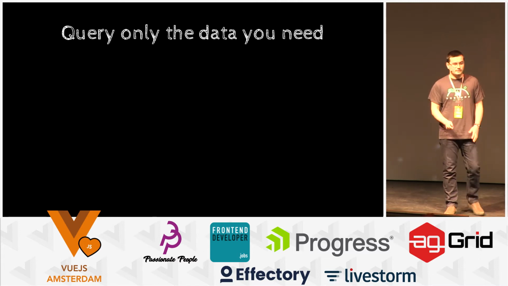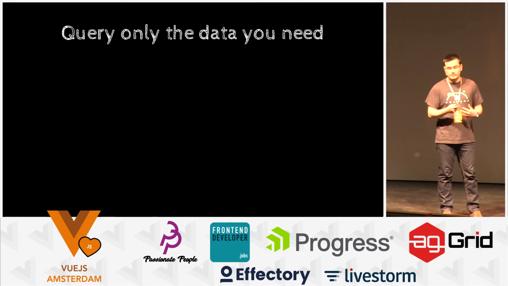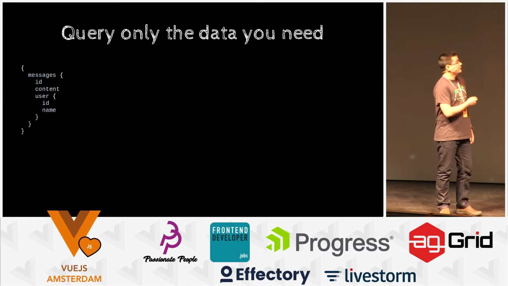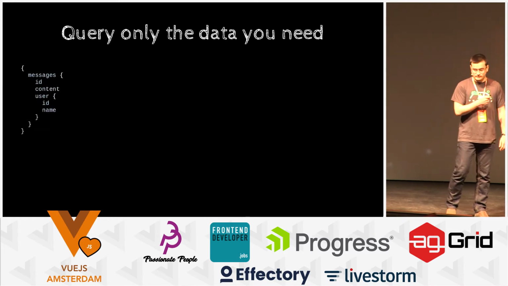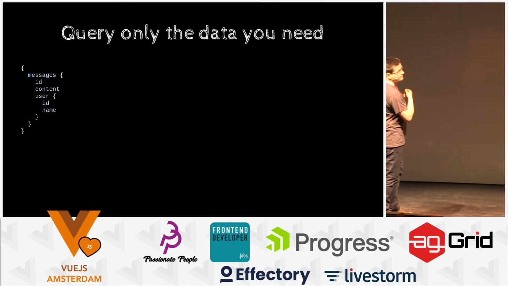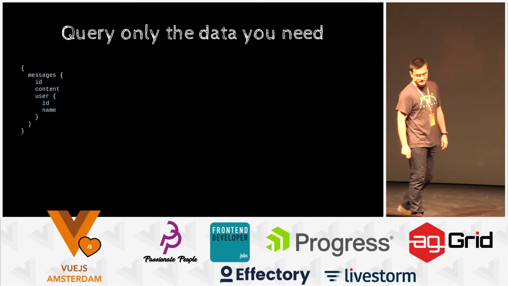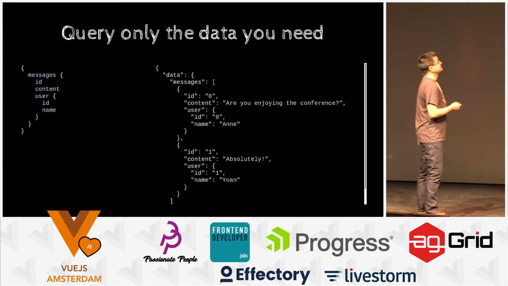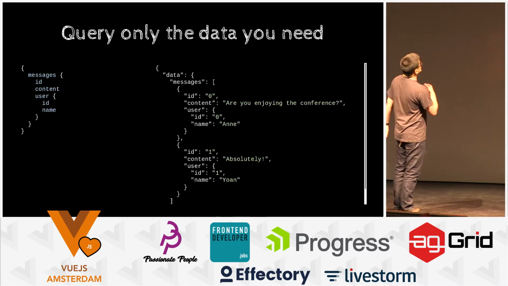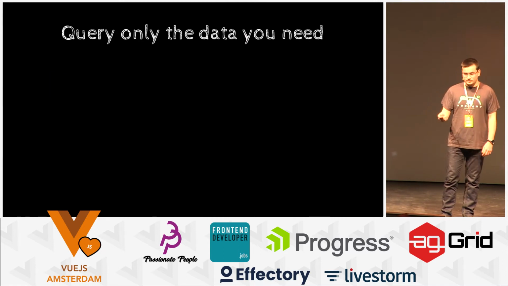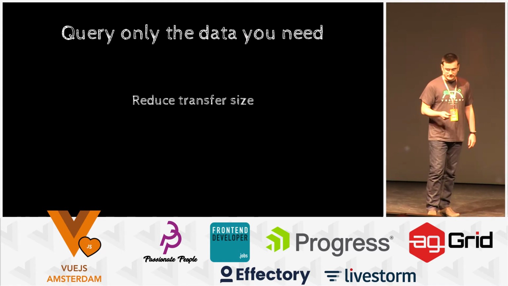On the client side, you can query on your schema, and you only get what you really asked for. So this is a query where we fetch messages, and then what we get is looking like this. So as you can see, it's almost the same shape. So what are the advantages of this?